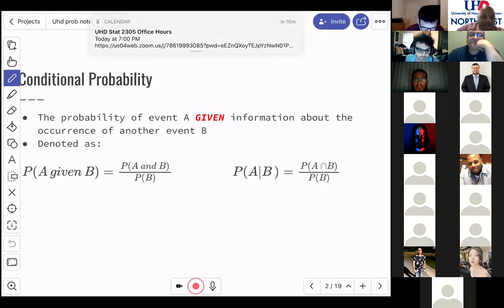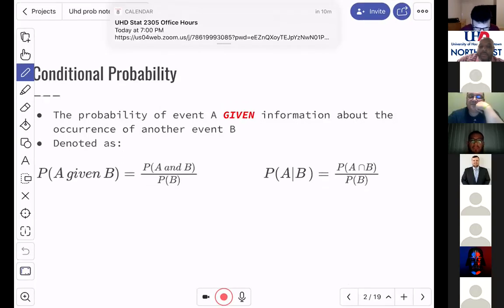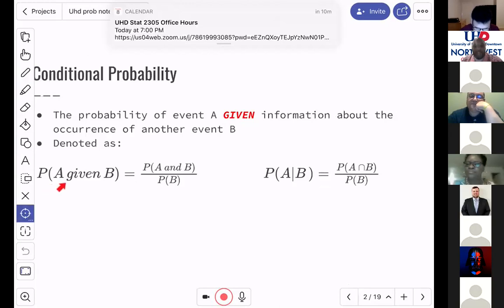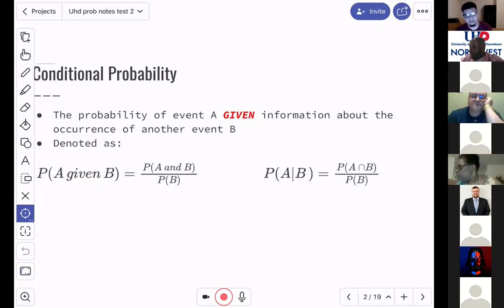Appreciate that. So now we're going to talk about conditional probability, which is written as the probability of A given B. Mathematically, we use this symbol, the vertical bar. This says A given B, and here's what this means: given that B has occurred.